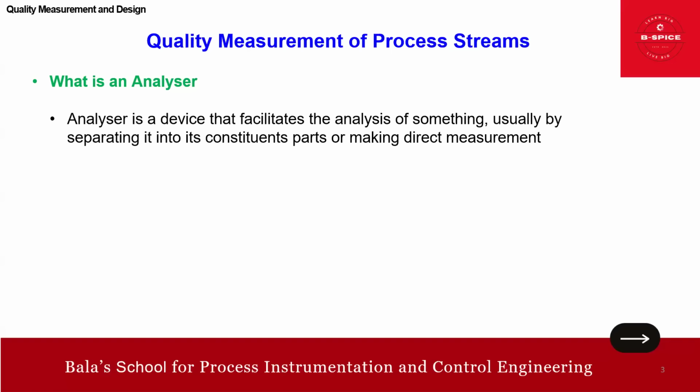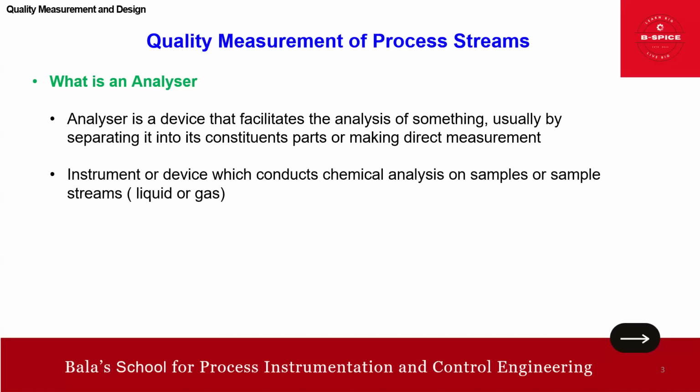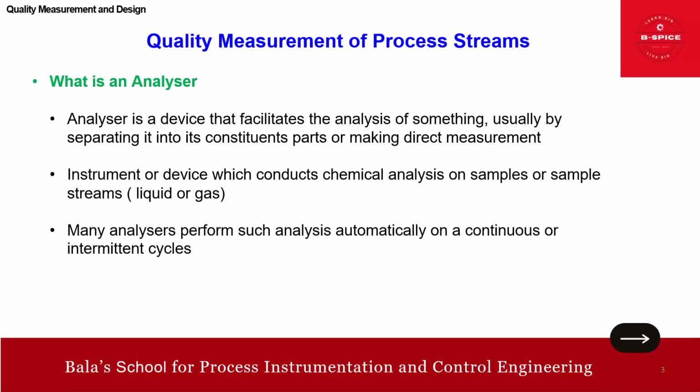So this is a simple explanation. It's basically an instrument or device which conducts chemical analysis on samples or sample streams such as liquid or gas. Very clear, right? Many analyzers perform such analysis automatically, on continuous or intermittent cycles. So this is about the analyzer. I hope nothing more to explain in this.